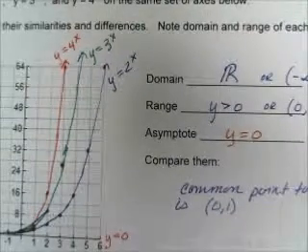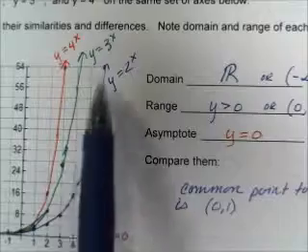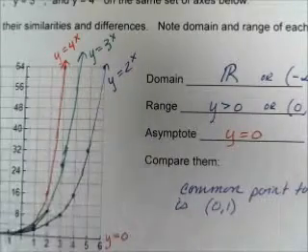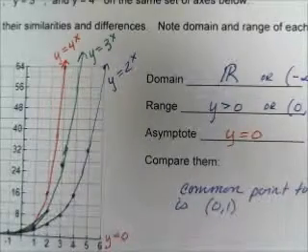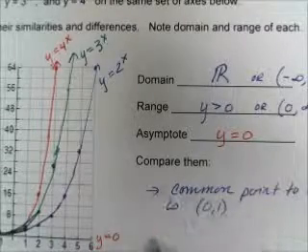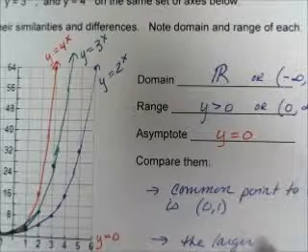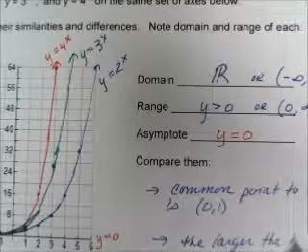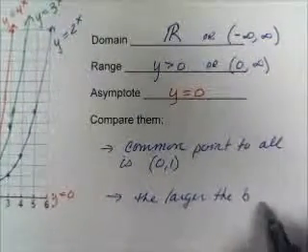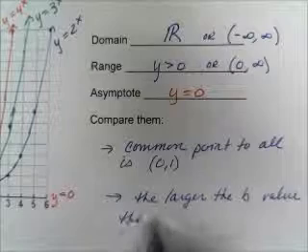What do we notice about the b value? The larger the base, the steeper the graph. The larger the b value, the steeper the graph.